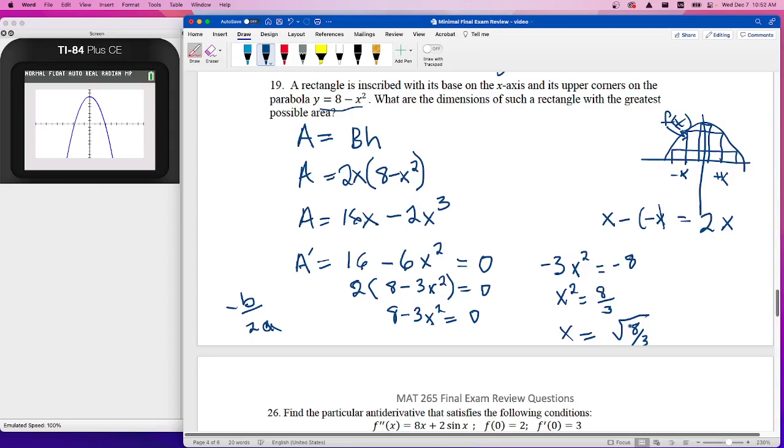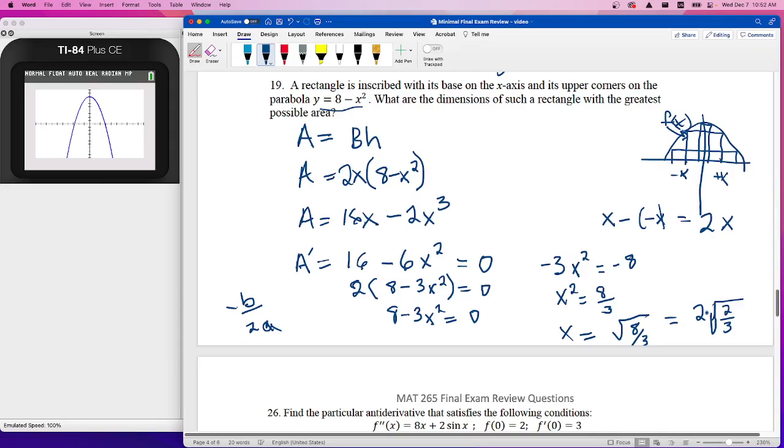I guess you could take a 4 out, right? The square root of 4 is 2 if you wanted to. So 2 times the square root of 2/3. And that 3 is also inside the radical.